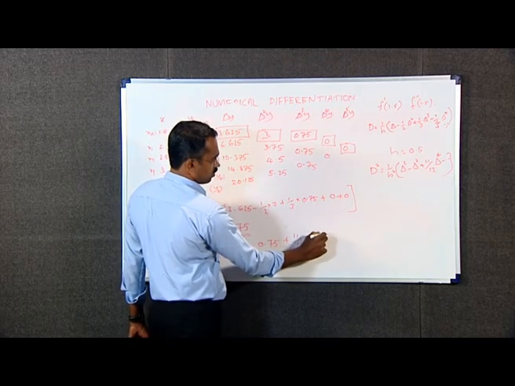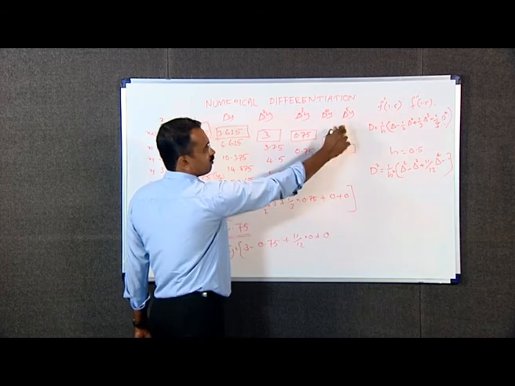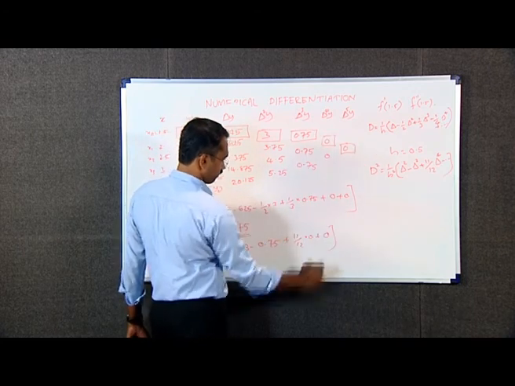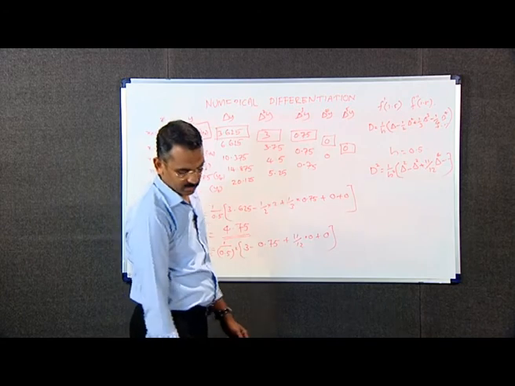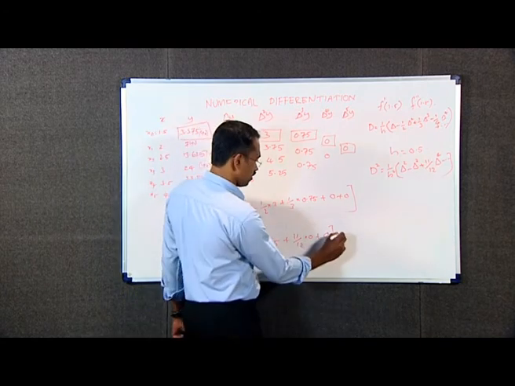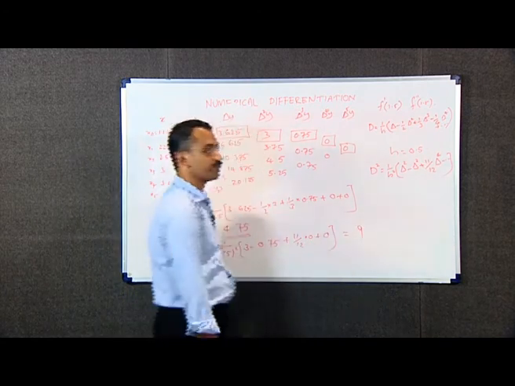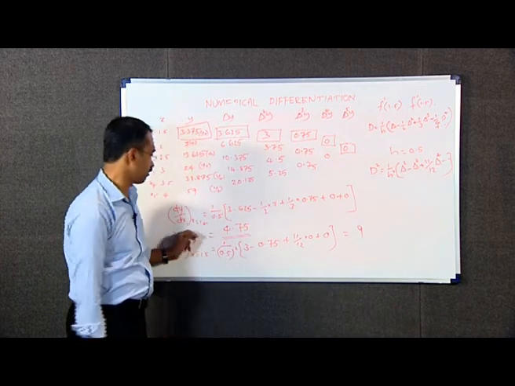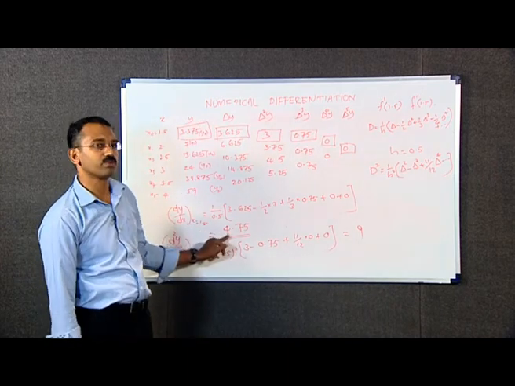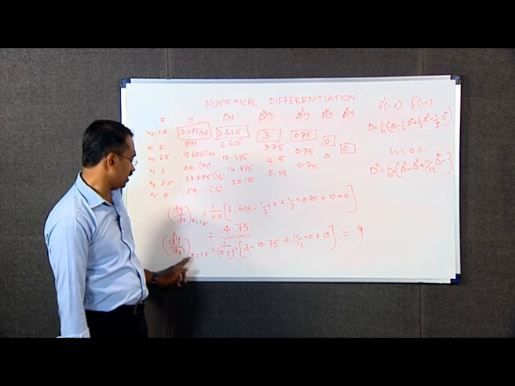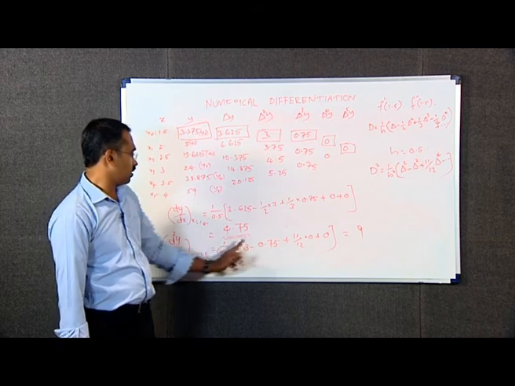The next term also is 0, because the fifth difference is 0. On simplification, we get 9. That is, the first derivative at x equal to 1.5 is 4.75 and the second derivative is 9.